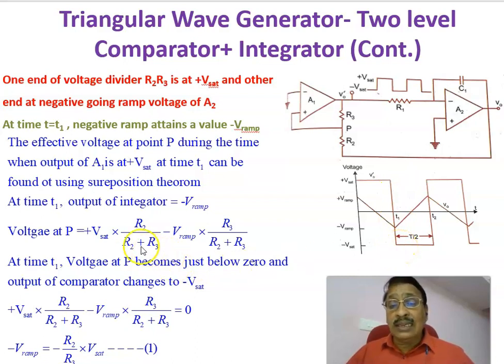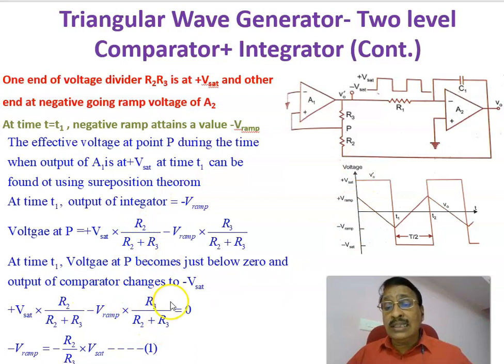That is why we are equating the voltage at this point to zero. The instant at which this just goes below zero, the output will change to minus Vsat.